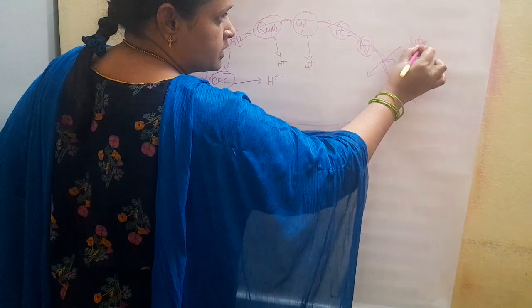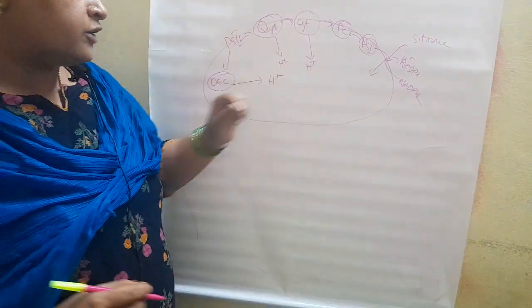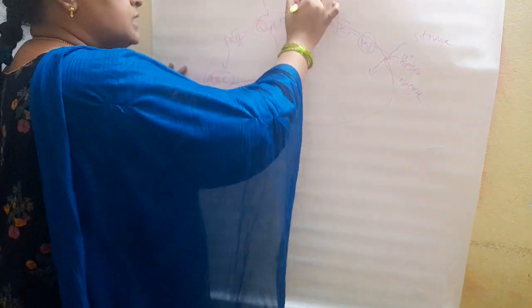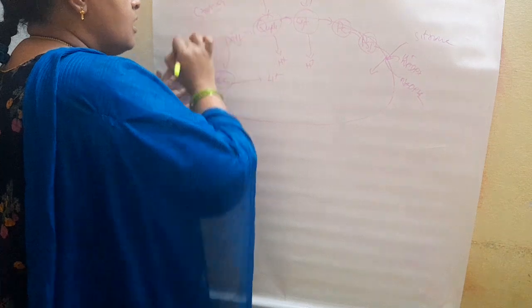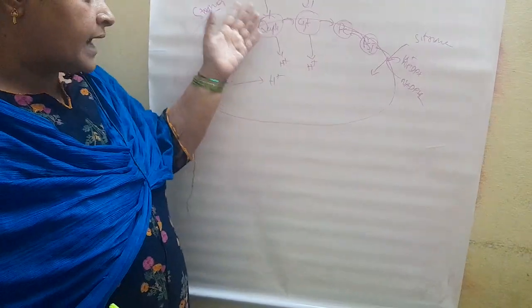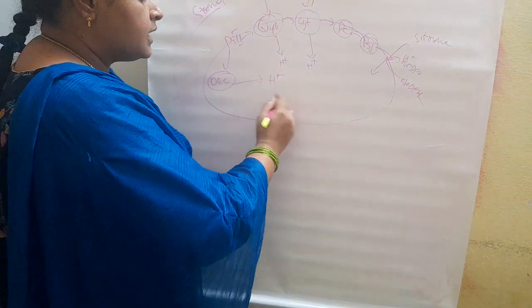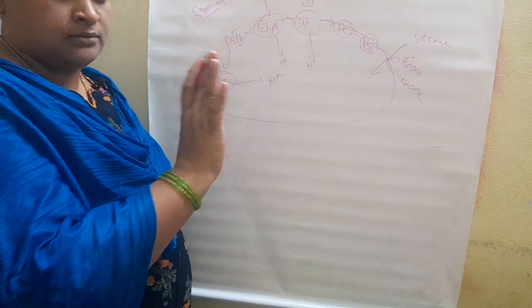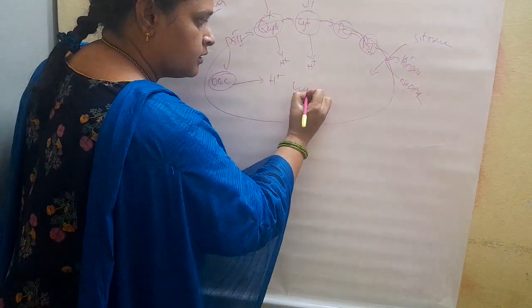And during the formation of NADP plus into NADPH2, it requires some hydrogens that are also accepted from the stroma side. So at the Q cycle or the cytochrome B6F complex, the hydrogen ions from the stroma are moved inside, right? They are dragged from the stroma side only. So these all increase the hydrogen concentration in the lumen, isn't it? This space in the thylakoid is called the lumen.